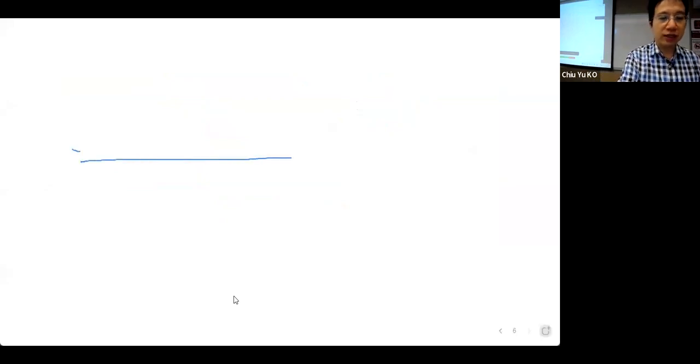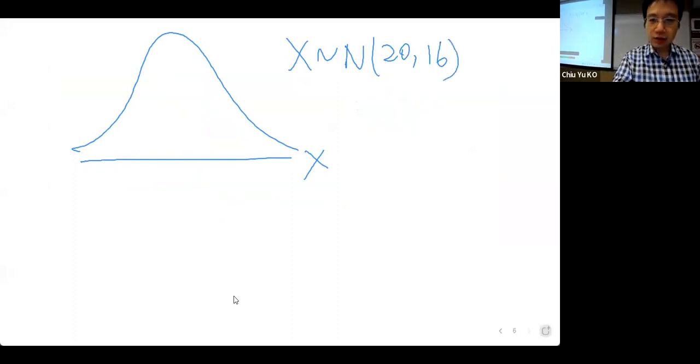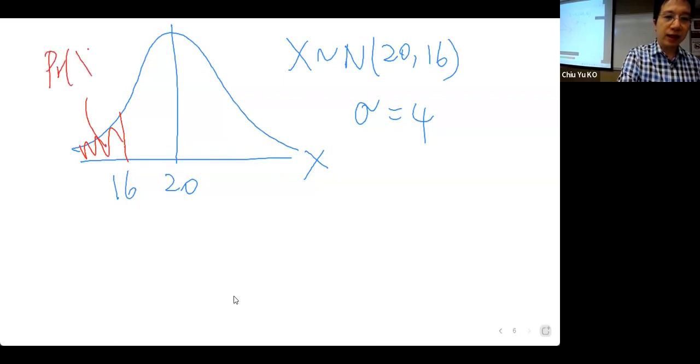So the question is like this: the bell follows a normal distribution with mean 20, sigma square 16. So sigma square being 16, sigma is 4. So this is 12, this is 16. The question is asking for this area, because it asks for probability X less than 16.